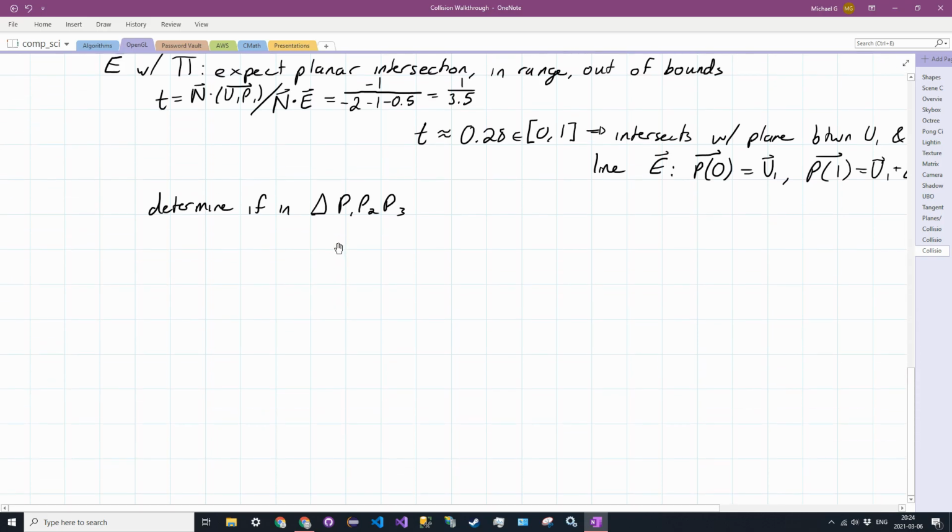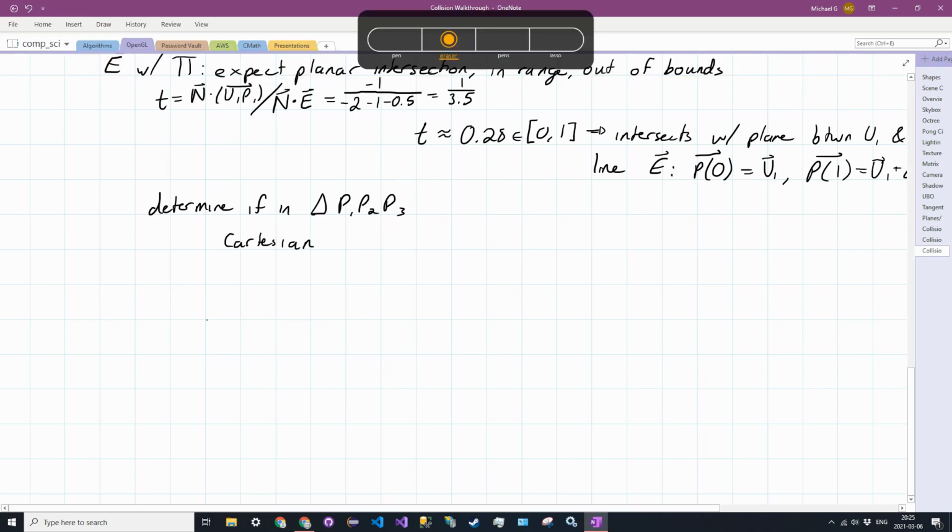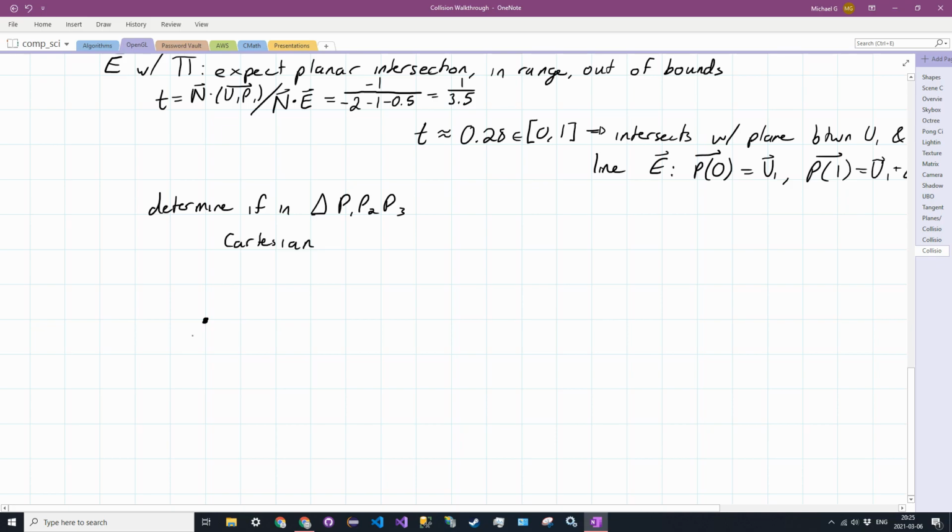Alright, so now we're going to look at a new concept called coordinate systems. So let's assume that in our Cartesian system we have the origin, which we'll call point P1, then we have point P2, and then a point P3.